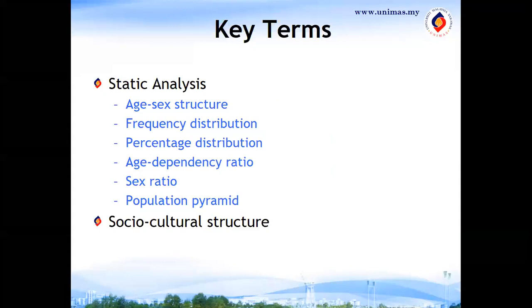But talking about frequency distribution here, distribution of the population in terms of age and so on, and also the percentage of distribution. And then we'll explain the terms age dependency ratio, sex ratio, and population pyramid. Then towards the end, we will be looking at the social cultural structure other than sex and gender.